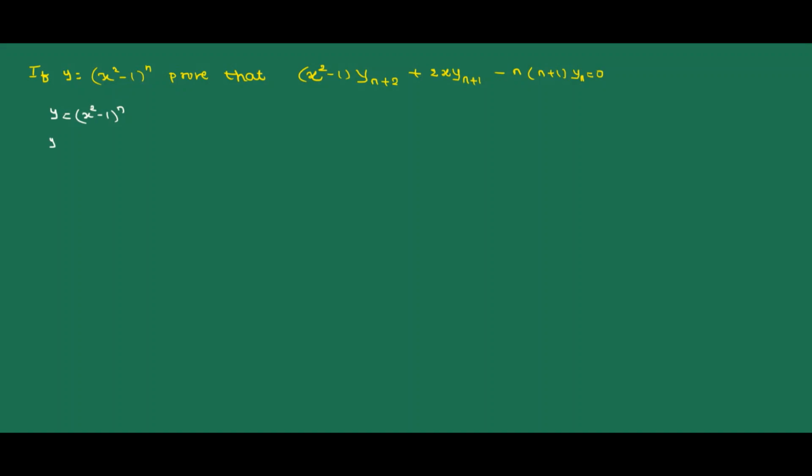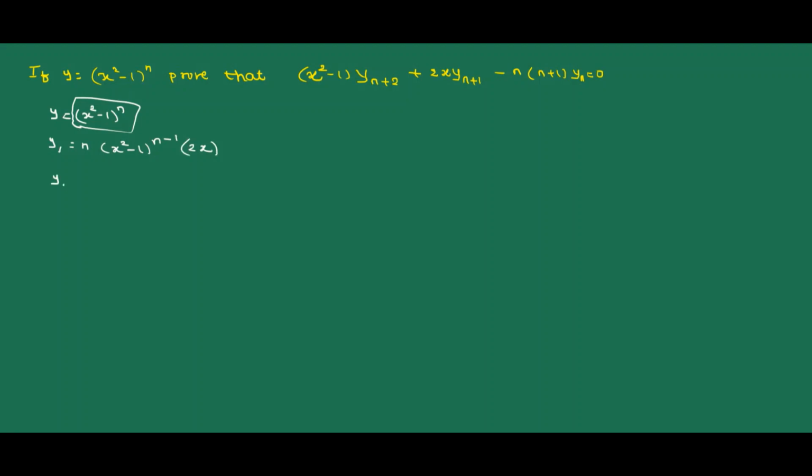If you differentiate with respect to x, y1 is equal to, so what is the differentiation of this (x² - 1)^n? We can write it as n (x² - 1)^(n-1), and the differentiation of x² is equal to 2x.